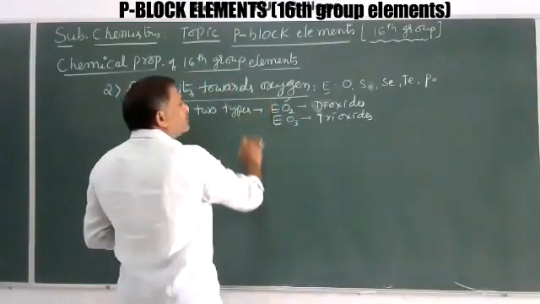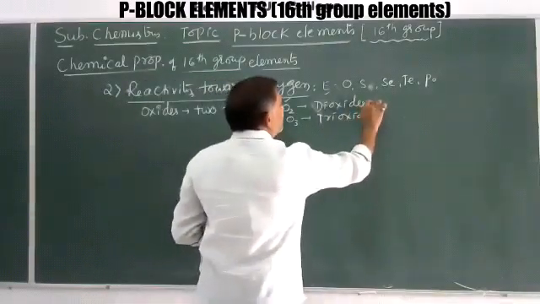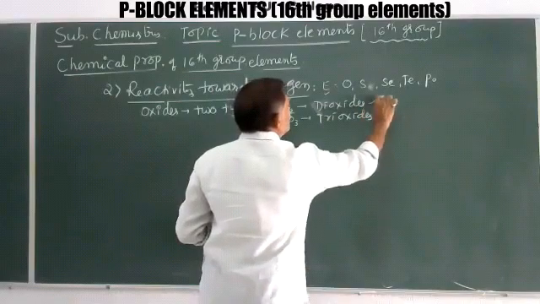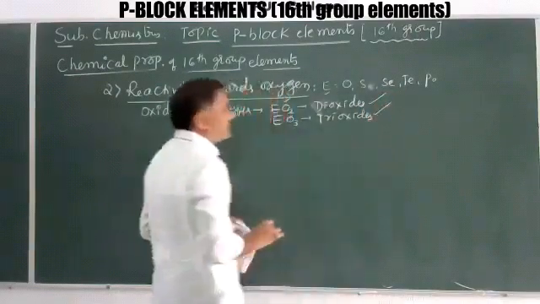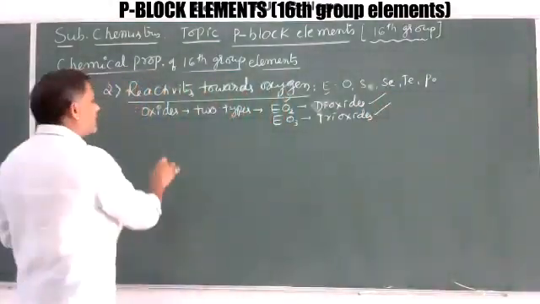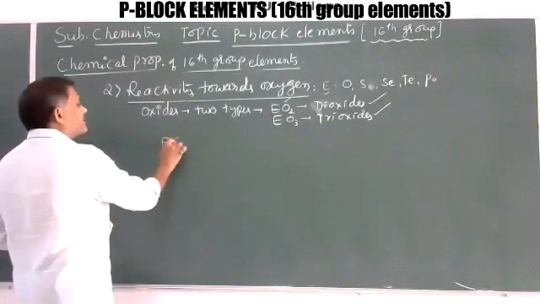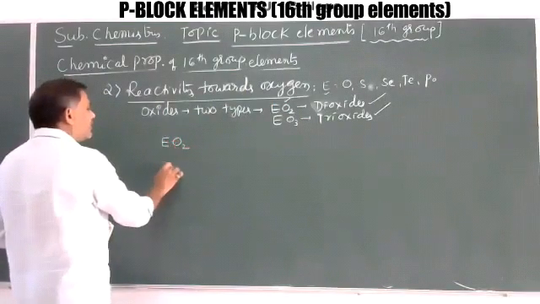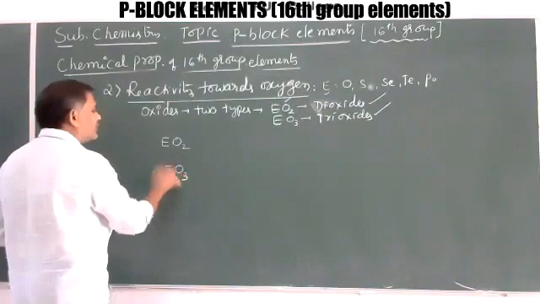So when the 16th group elements combine with oxygen directly, they generally form dioxides and trioxides. Now here, dioxides EO2 and trioxides EO3.